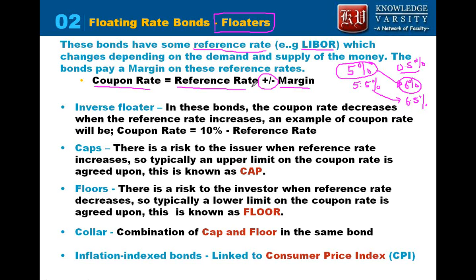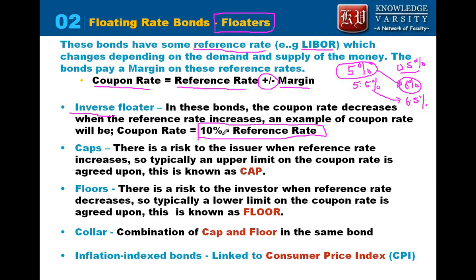In this case the reference rate was increasing and the coupon rate was increasing. But we can have floating rate bonds which are inverse, that is, if interest rate increases, the coupon rate actually decreases. In that case the coupon rate can be stated like this: 10% minus the reference rate.